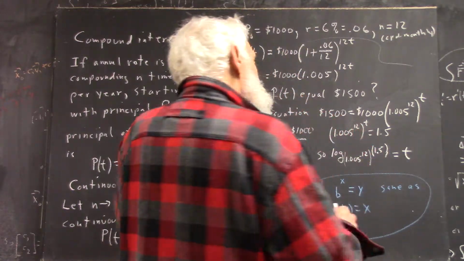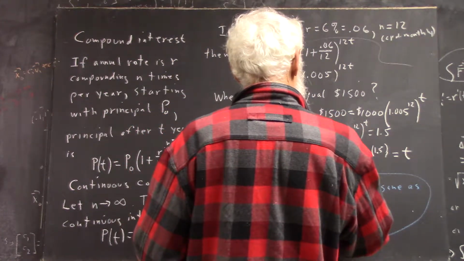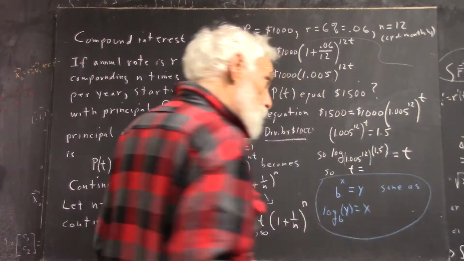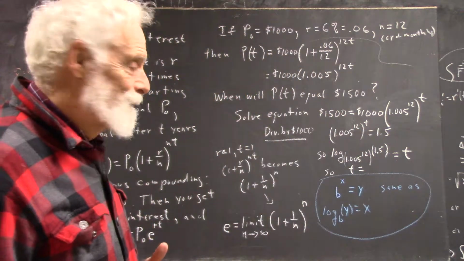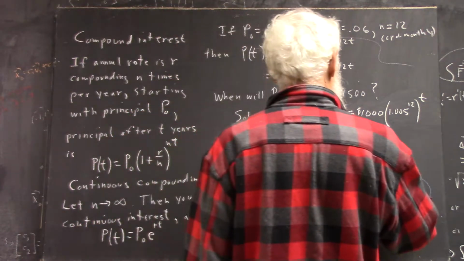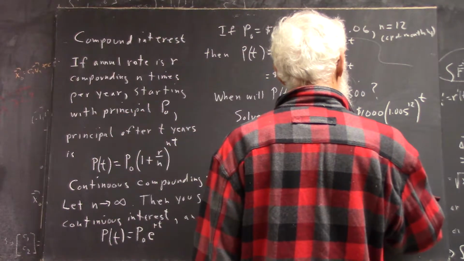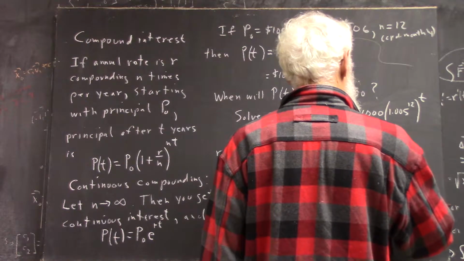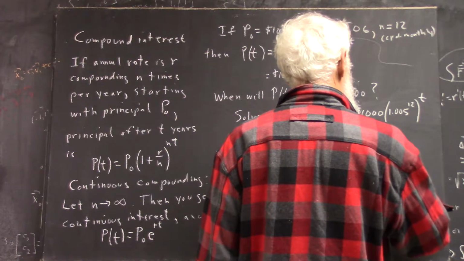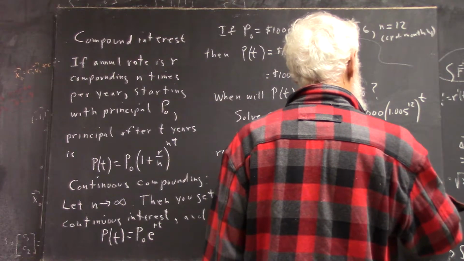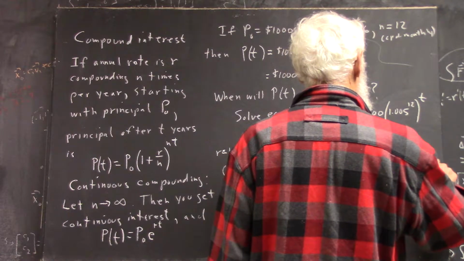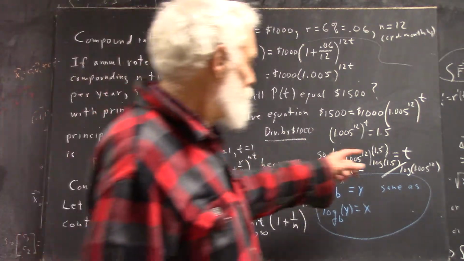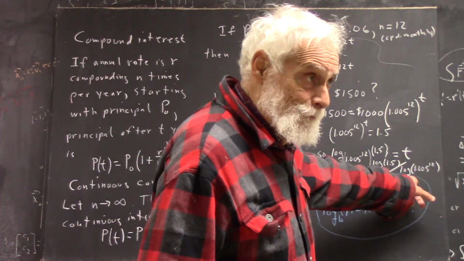Because of the rule that I wrote earlier that you won't remember unless you've got a really great memory, and maybe you do, okay? That means t equals the log of 1.5 divided by the log of 1.005 to the 12th. And those are things that you can get on your calculator.